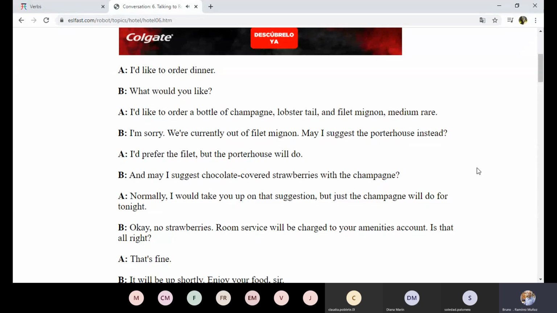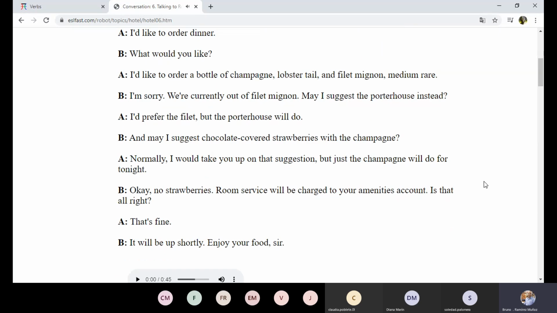And may I suggest chocolate-covered strawberries with the champagne? Normally, I would take you up on that suggestion, but the champagne will do for tonight. Okay, no strawberries. Room service will be charged to your amenities account. Is that all right? That's fine. It will be up shortly. Enjoy your food, sir.